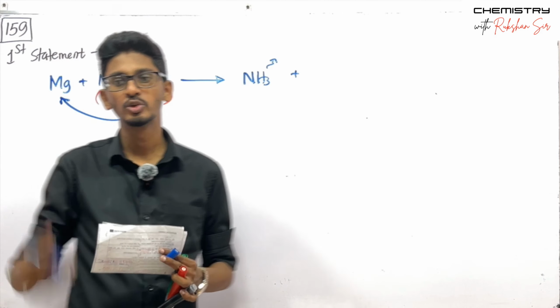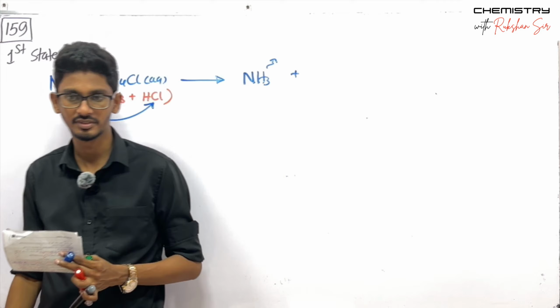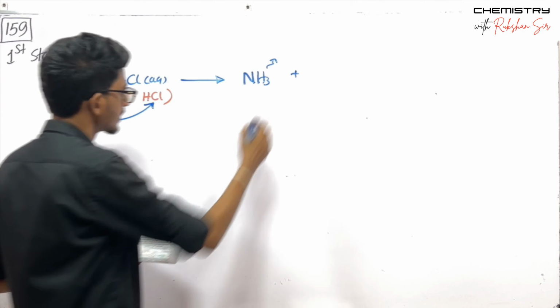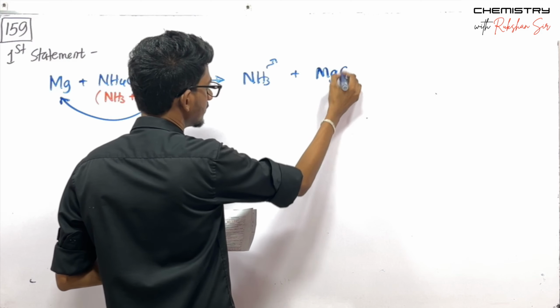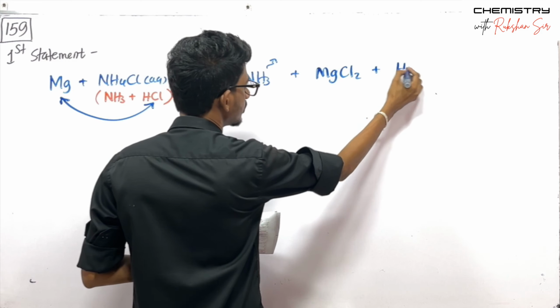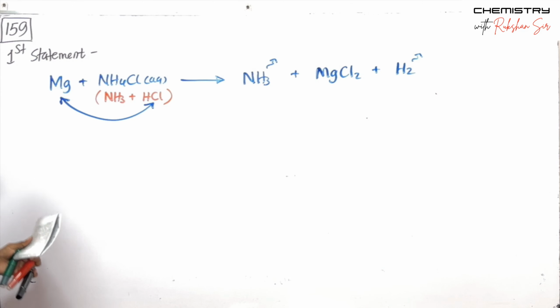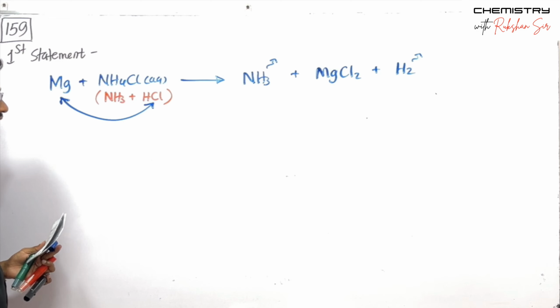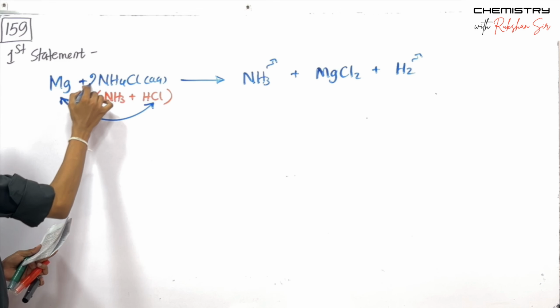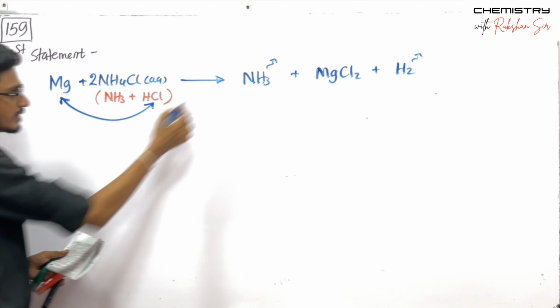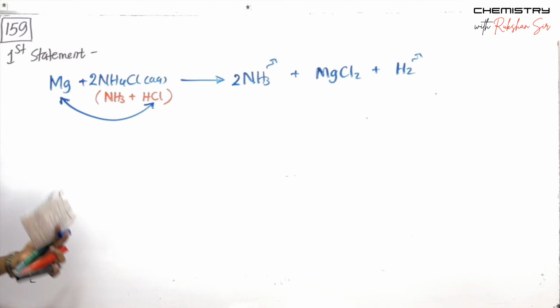The salt and H2 will be the products, right? So you will produce magnesium chloride and H2 as products. So here we clearly see some H2 gas liberated. So this is the reaction.